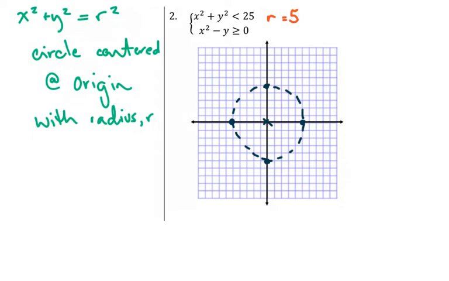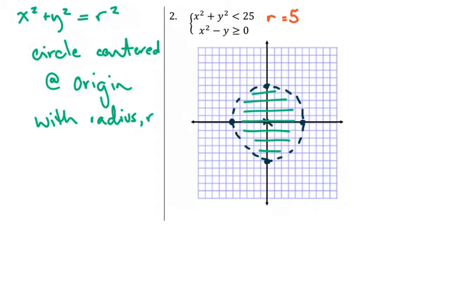So in this case, we're talking about these points, the x and y that are less than the radius. So if your x and y is less than the radius, that's talking about the inside of the circle. So with our first graph, we're talking about this shaded region inside the circle.